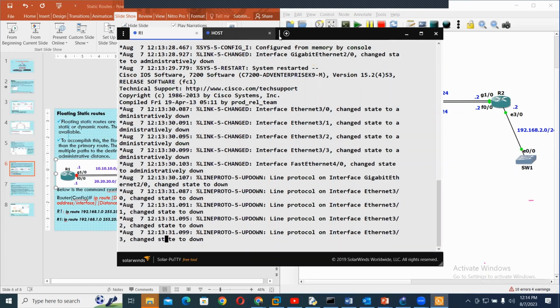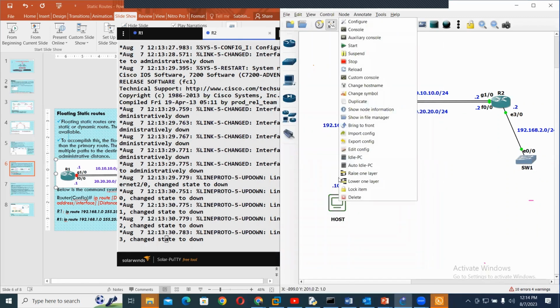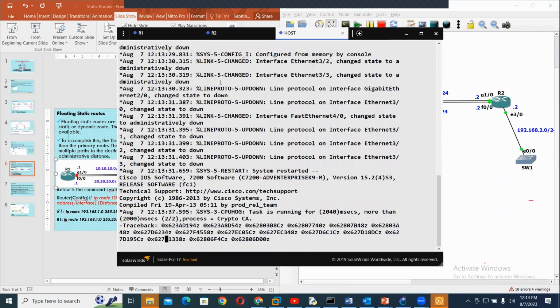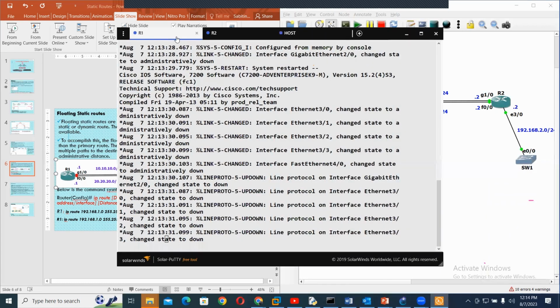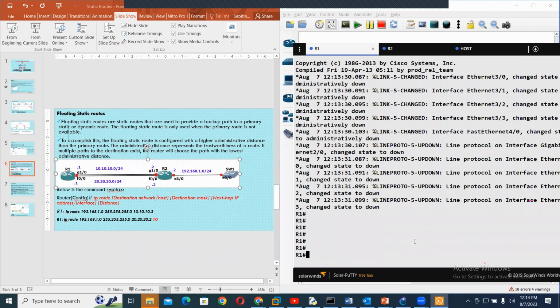I want to arrange them in order: router 1, router 2, and then hosts. Still booting, okay.